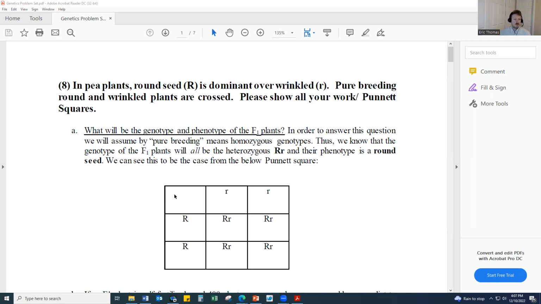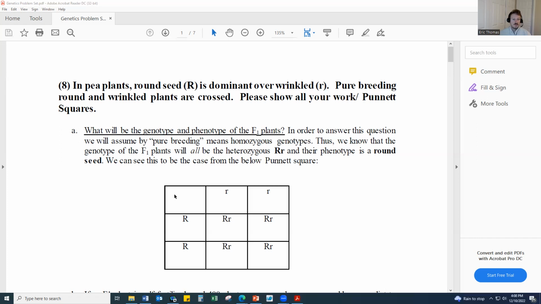So in this problem, we have pea plants, round seed R is dominant over wrinkled. Round seed is represented by capital R, wrinkled by lowercase r. And then it says pure breeding round and wrinkled plants are crossed. Please answer the following questions. What are going to be the genotype and the phenotype of the first generation of plants that result when we cross a round seed plant with a wrinkled plant?